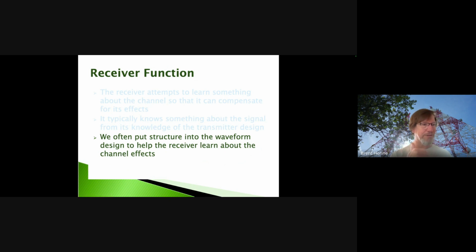If it knows what those values are supposed to be, it can compare what it knows it should be with what it's receiving. That comparison gives it some clue about the effects of the channel, all those impairments. These would be known reference signals at a certain amplitude and phase and at a certain time in the waveform.